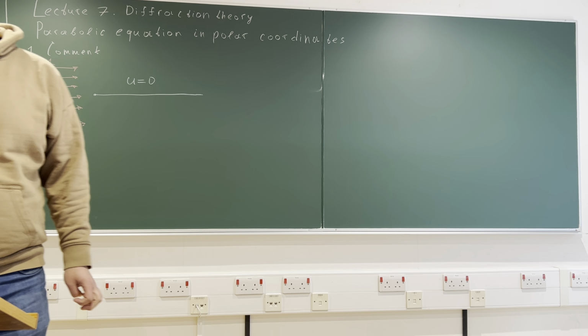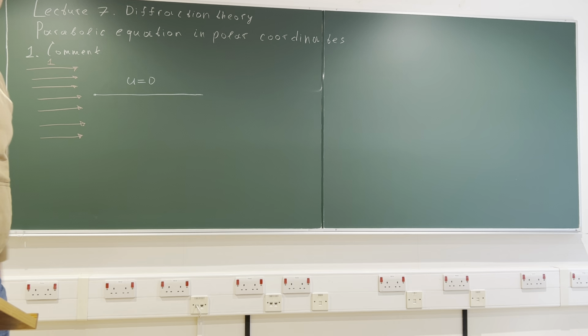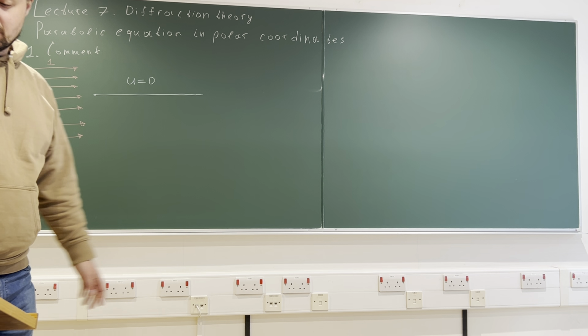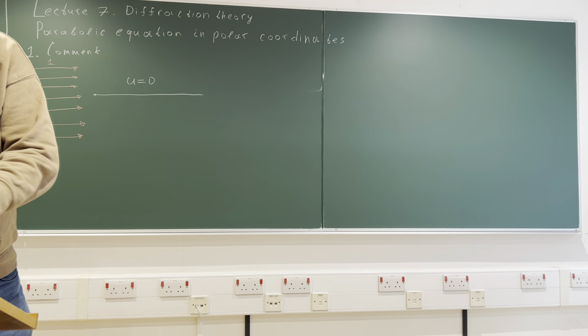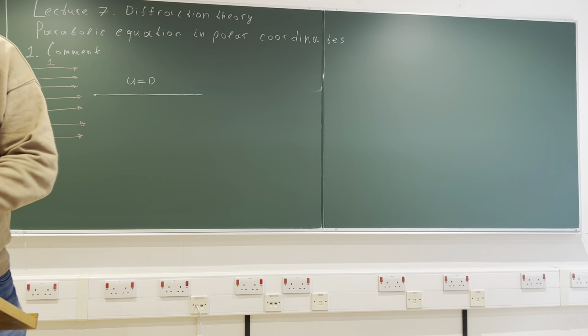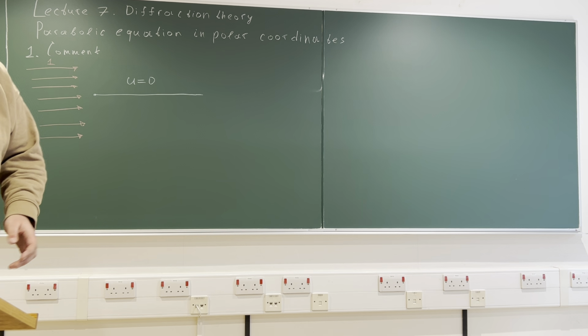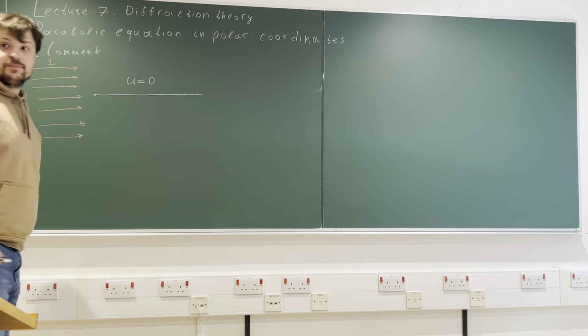And we want to find the scattered field somewhere on the right side. I didn't write the parabolic equation.